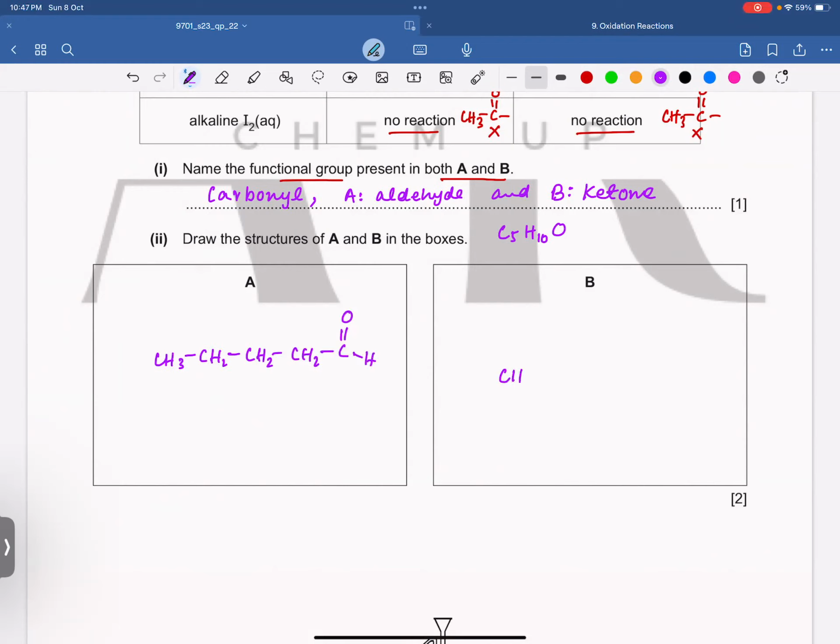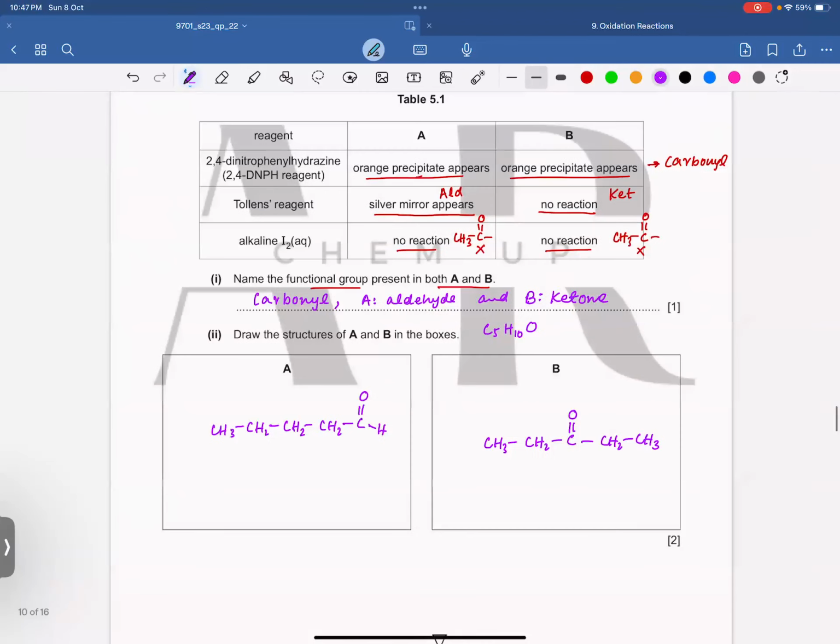And in B, there is a ketone, so CH3, CH2, C=O, CH2, CH3. Is this clear? Yes, Abdullah and Saeed.